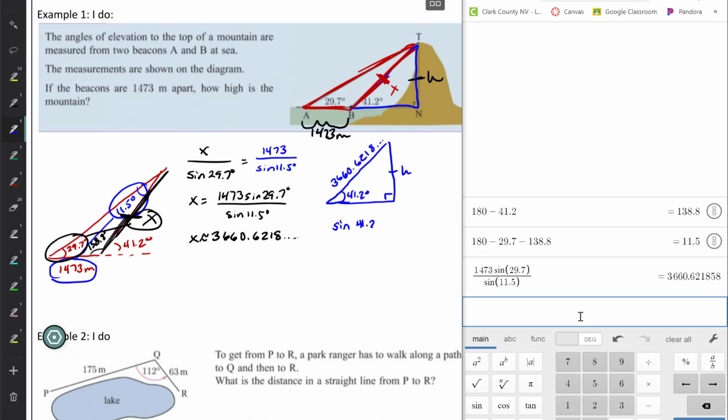So opposite and hypotenuse means we can work with sine in just general trigonometry. So we have sine of 41.2 degrees will equal our opposite side, h over 3,660.6218. Again, we're just going to do some rearranging now to get h by itself, and we will see that that's going to be the following calculation. Go over to our Desmos and punch it in.